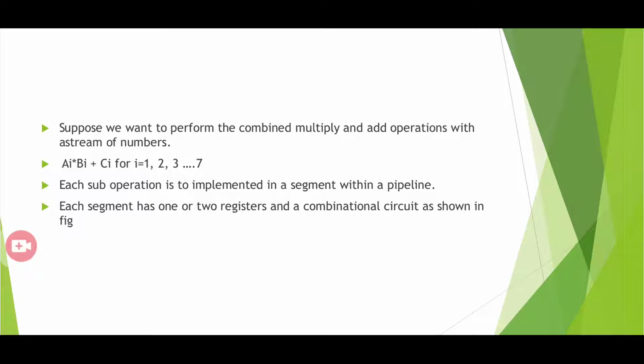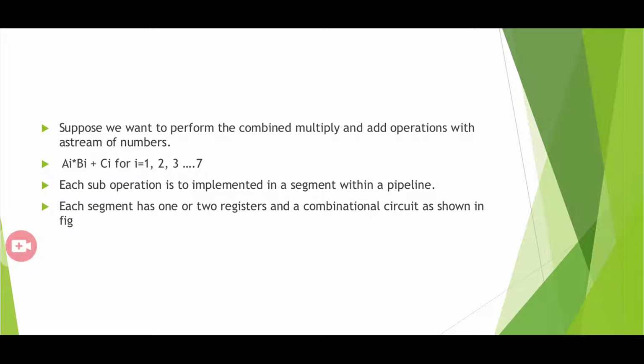So what you have to do is A1 * B1 + C1, then A2 * B2 + C2, A3 * B3 + C3, up to A7 * B7 + C7, that you have to perform.